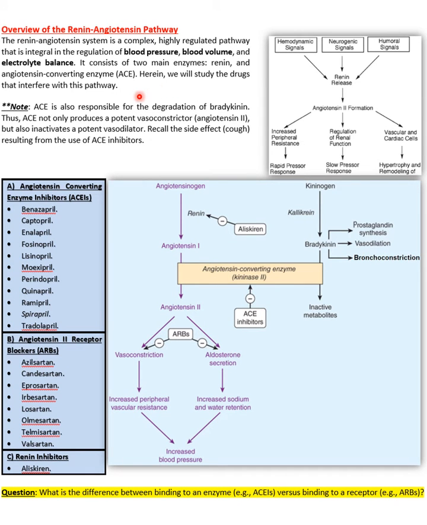Let's start with a quick overview of the renin-angiotensin pathway. First of all, there are three stimulants, or three factors, that affect the release of renin from the kidney. The first one is hemodynamic signals.